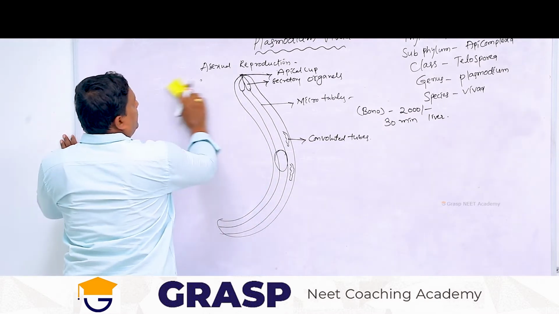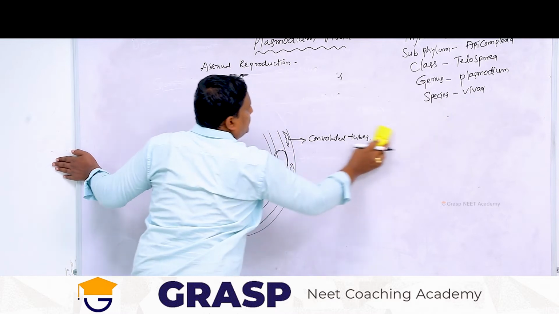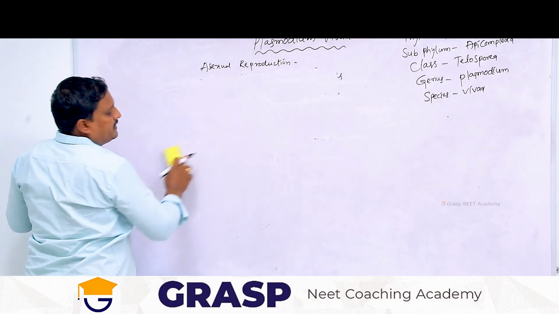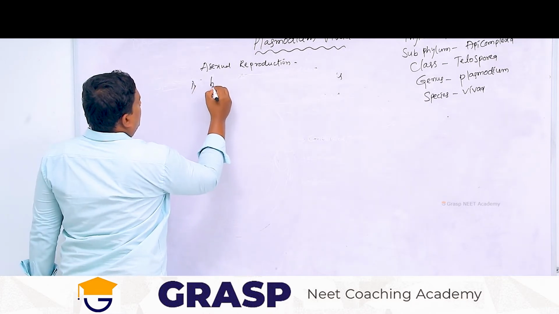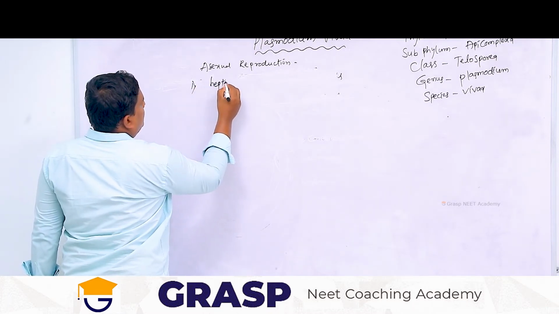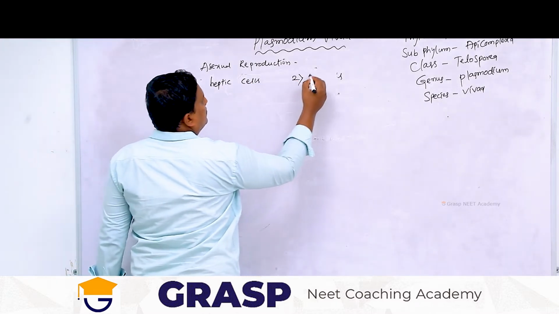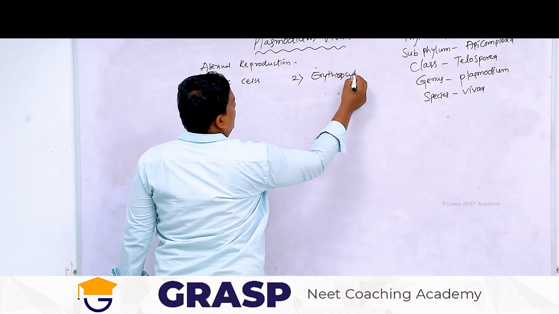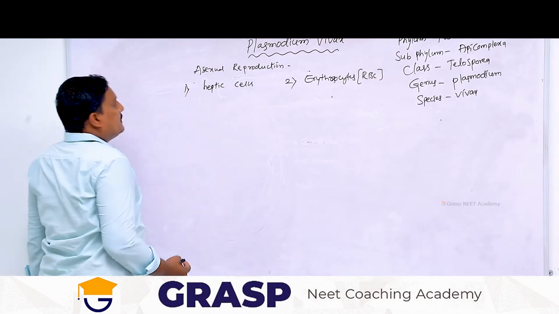The asexual reproduction of Plasmodium is completed in two kinds of cells. The first is hepatic cells and the second is erythrocytes, also called RBCs.